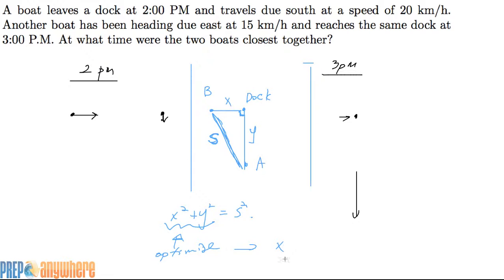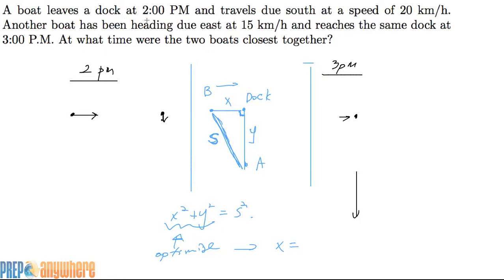X is the distance, right? In this scenario, is the length X increasing or decreasing? X is decreasing because it's heading towards the dock, so it's getting shorter, right?